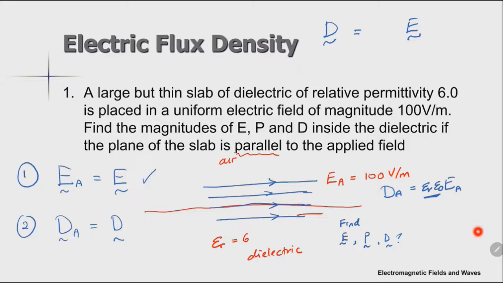Is it 6? This is the applied field. It's in the air. So what's epsilon R? Okay, epsilon R is 1.